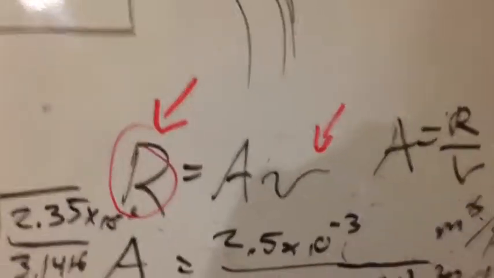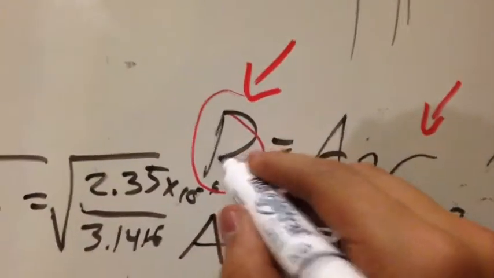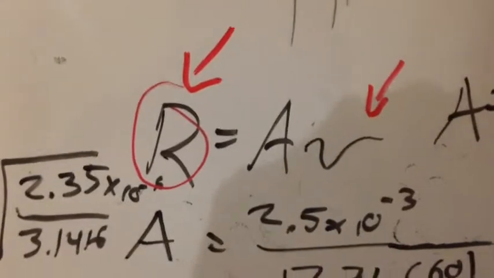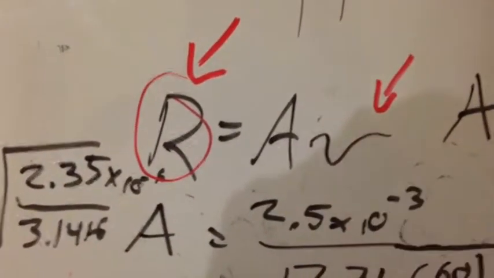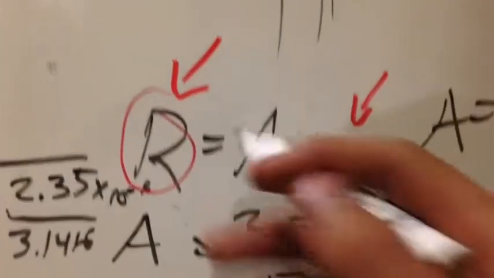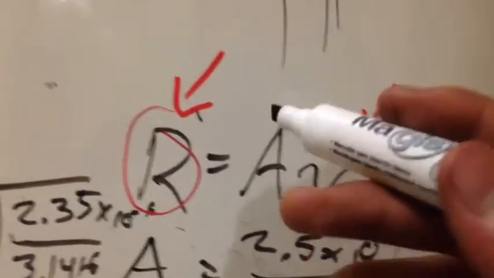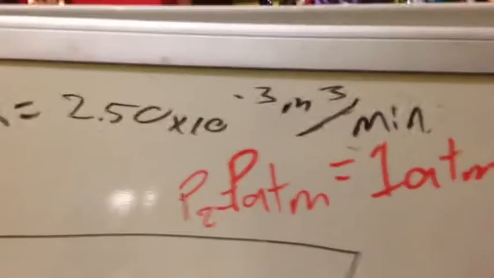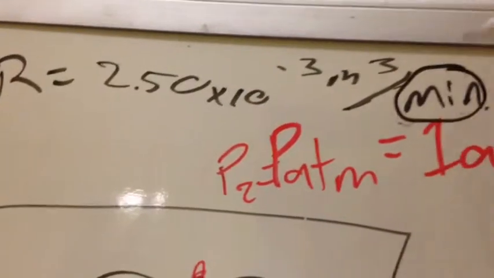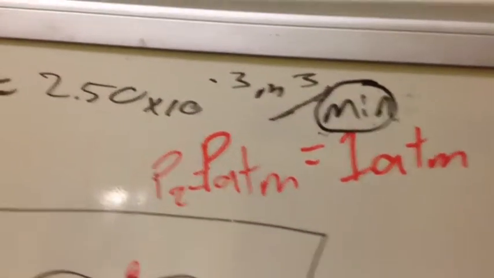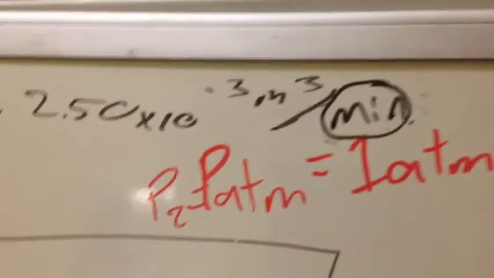Following to the next part, we know that the flow rate is area times velocity, and we already have the rate which the problem gives us. Yet we have to do a little bit in here because we have it in minutes and we want it in seconds, because that's how we have it in here.